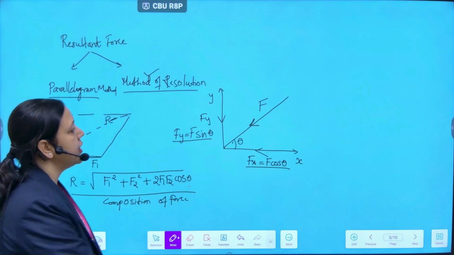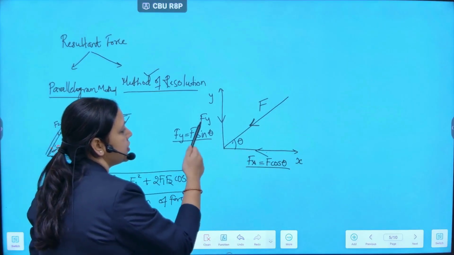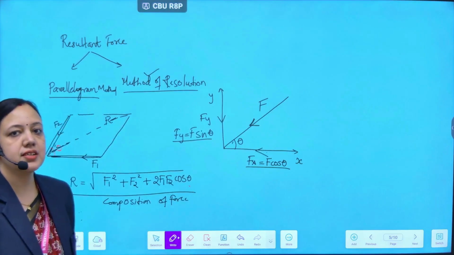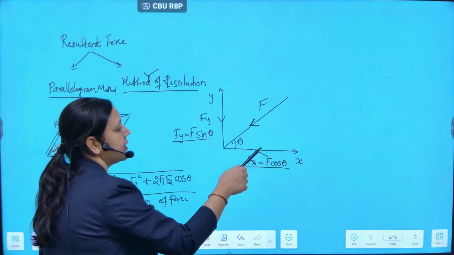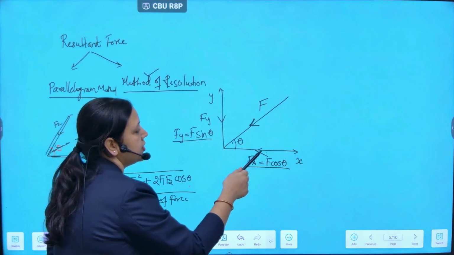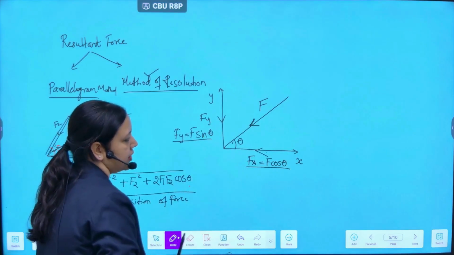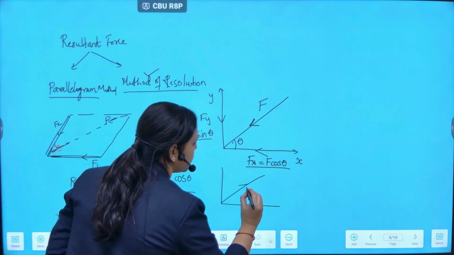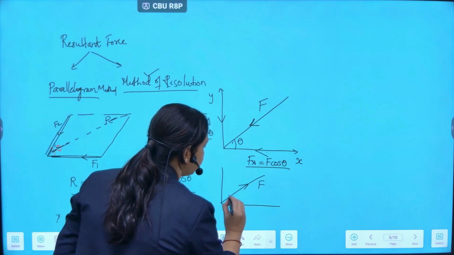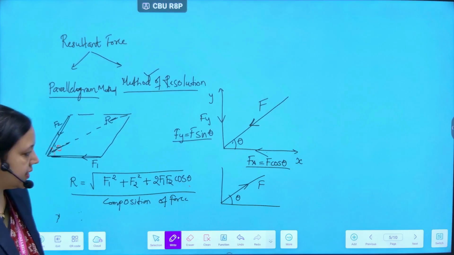So whatever force we are working with, if we resolve the force into its two respective components Fx and Fy, after finding them we have to assign the correct direction to them. If they are acting inwards, the direction will be inwards. If they are acting outwards, the direction will be outwards. For example, this is the force F acting outwards, making some angle theta with the x-axis.